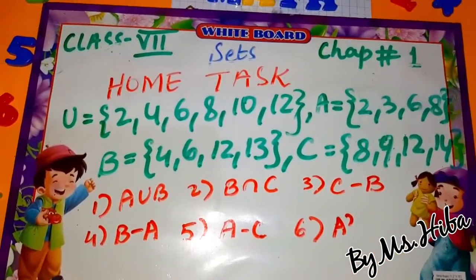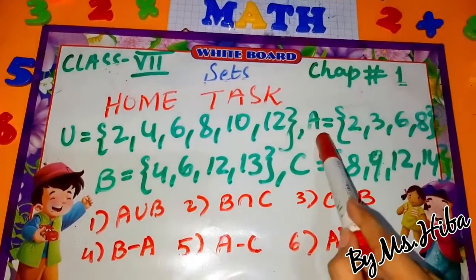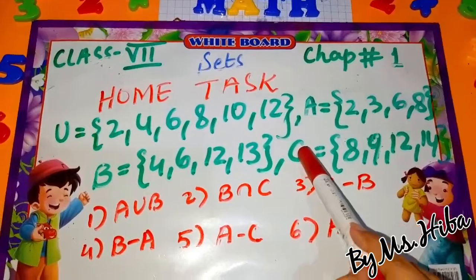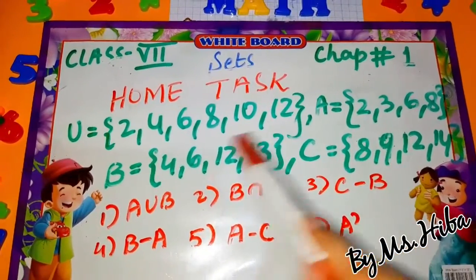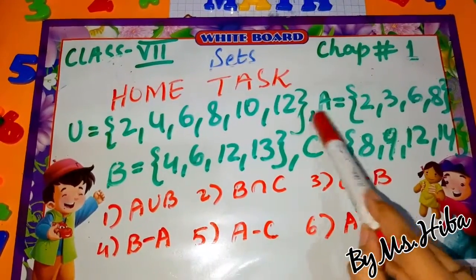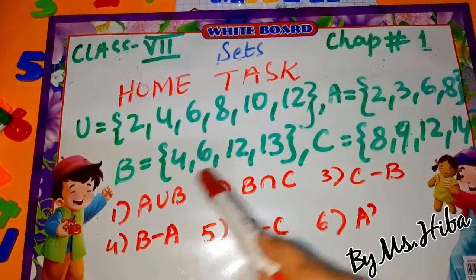So here is your home task. Here we have 4 sets: universal set, set A, B and C, and you need to solve these 6 questions using these sets. Number 1 is A union B. Using set A and B, you need to find the union.